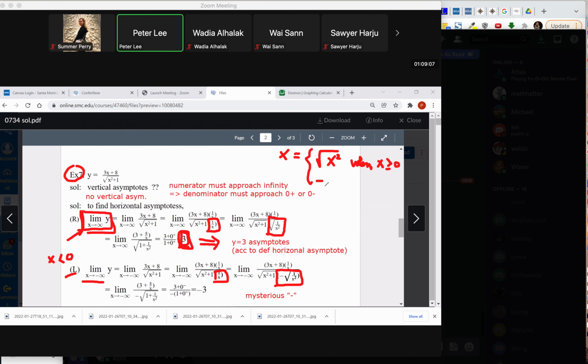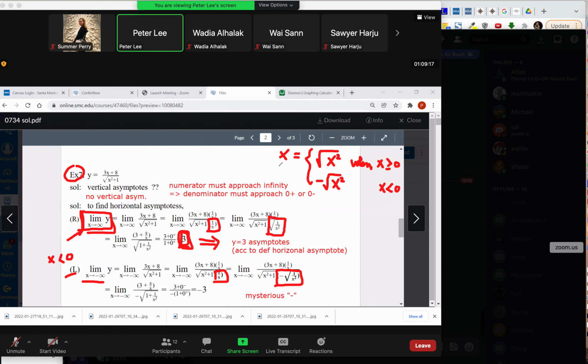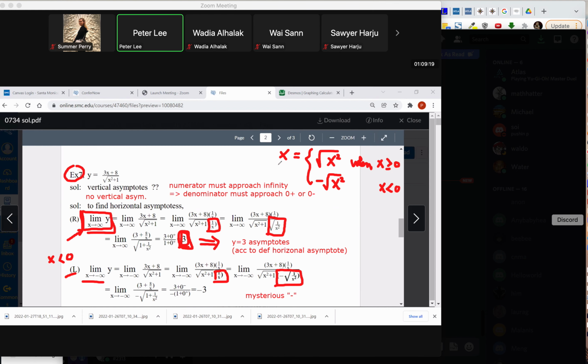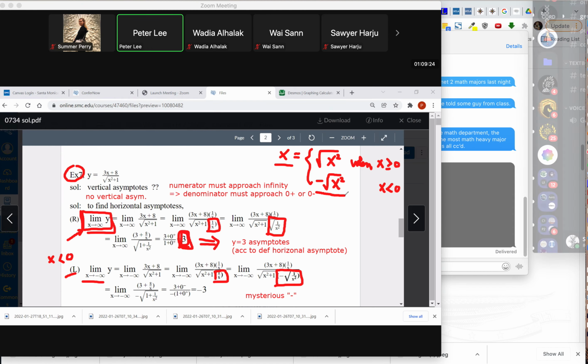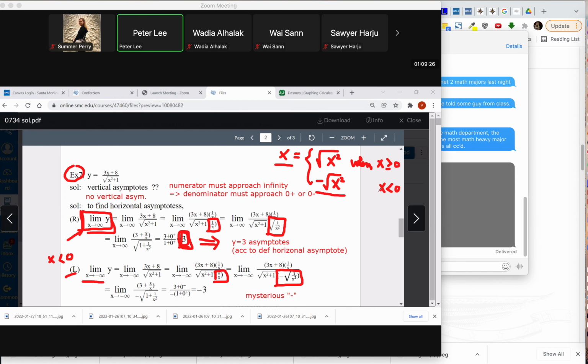This is actually minus the square root of x squared when x is less than 0. So what we're trying to say is that this x is actually equal to minus the square root of x squared when x is less than 0.